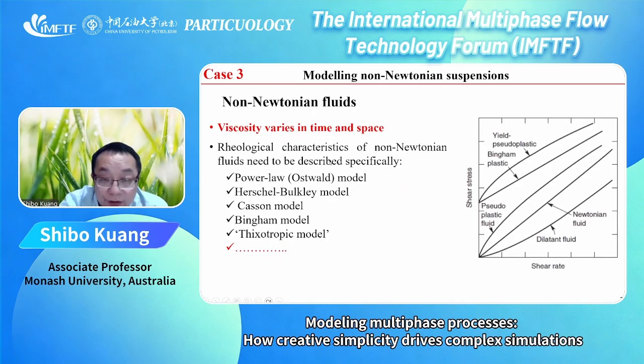So in the third case, we consider modeling non-Newtonian suspension flow. As we know, for non-Newtonian fluid, the relationship between shear stress and shear rate is nonlinear, and there are many types of non-Newtonian fluid. At this stage, we don't have a general rheology model to describe the relation between shear stress and shear rate for different non-Newtonian fluids. That means we have to consider each non-Newtonian fluid specifically.